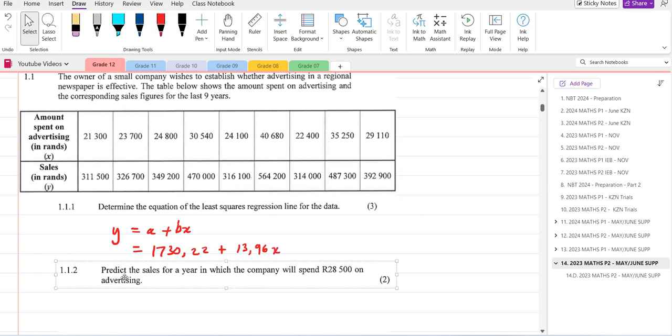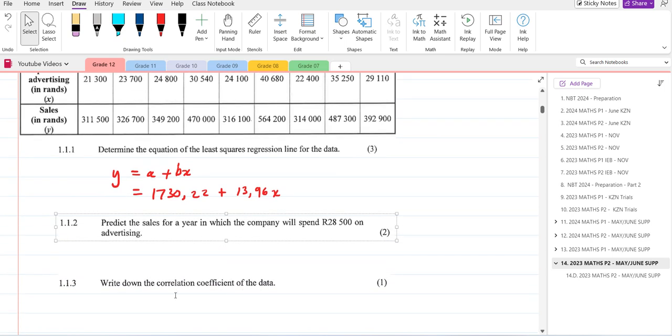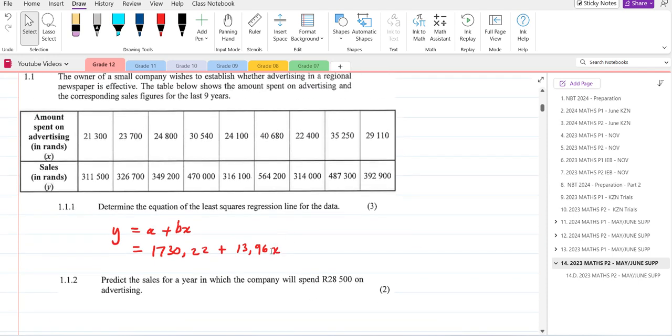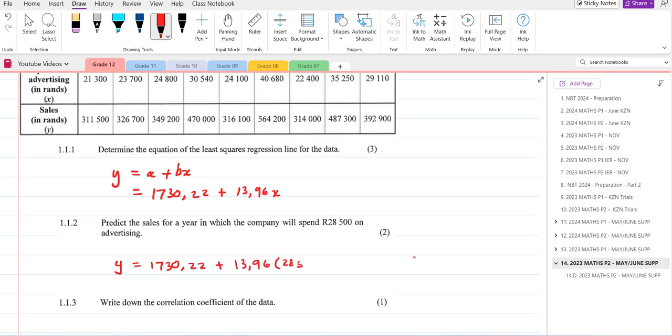That's my equation now. Predict the sales for a year in which the company will spend 28,500 on advertising. So the advertising expense is 28,500, and you just enter it into X. So y is equal to 1730.22 plus 13.96 times 28,500.